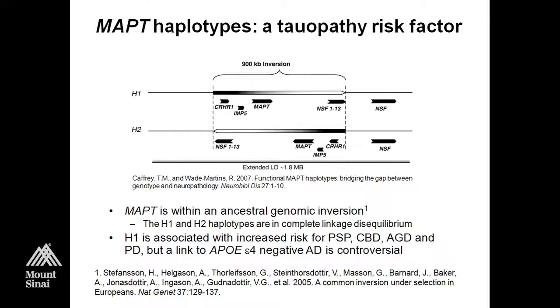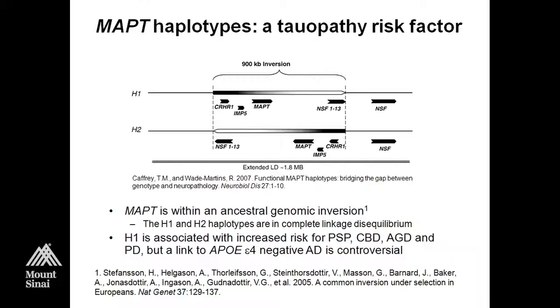This pattern was first discovered in progressive supranuclear palsy. Other tauopathies seem to have this. A big surprise is that this haplotype is associated with Parkinson's disease as well, which is not a tauopathy. It's associated with alpha-synuclein deposition in Lewy bodies. That was a big surprise. The link to Alzheimer's disease is controversial.